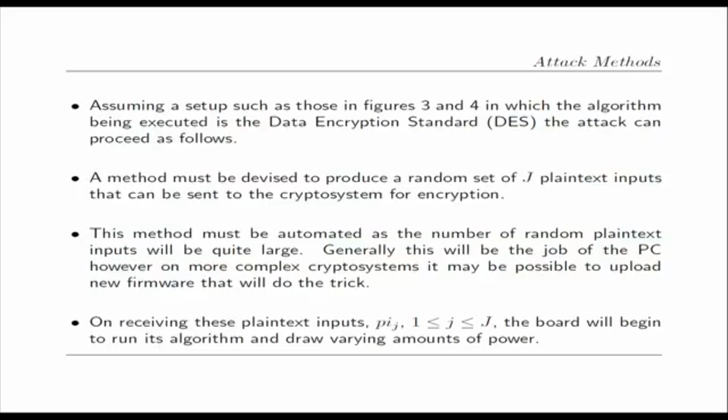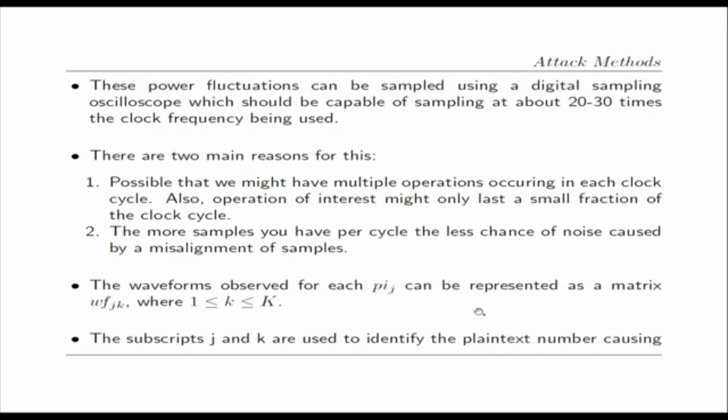Now, upon receiving the plain text, we ask the board to run the algorithm, and it will draw varying amounts of power, because we ultimately want to encrypt this plain text and get the ciphertext. Okay. So, for that it will draw various amounts of power. This power fluctuation can be sampled using digital sampling, which should be capable of sampling at about 20 to 30 times the clock frequency being used.